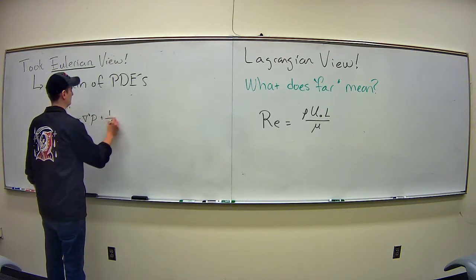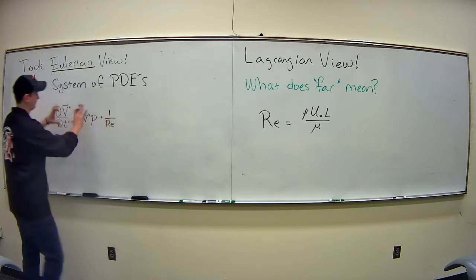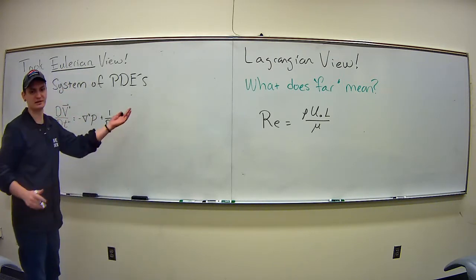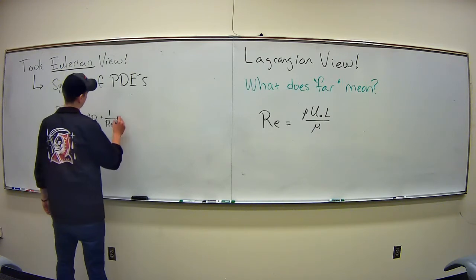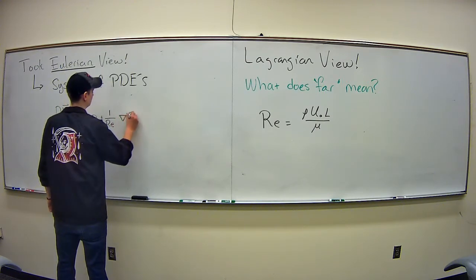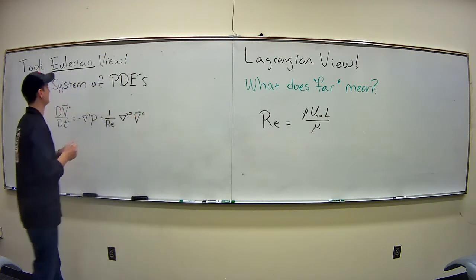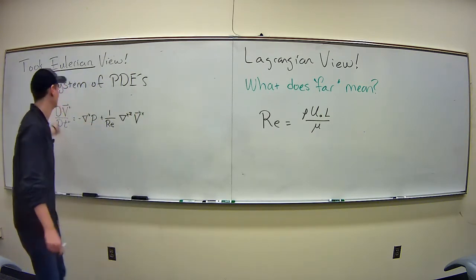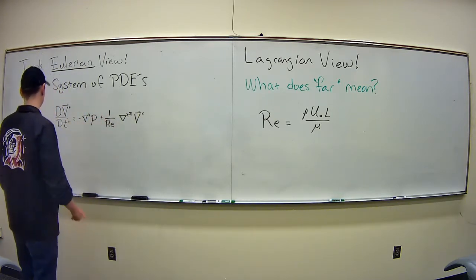It pops up from non-dimensionalizing, and you have a u squared over here, and when you divide the entire equation by that, you would have a 1 over Reynolds right here. Or you could have it over here. This is what I mean by system of PDEs, because this really represents 3 equations, for a u, a v, and a w.